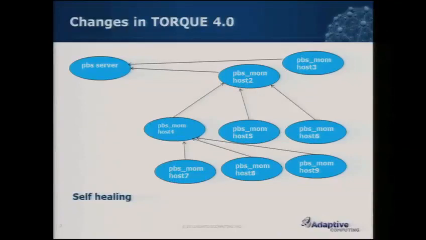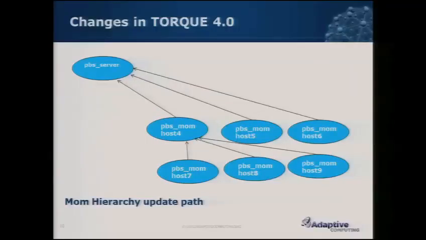So let's say that host 1 ends up going down. Well, then all of the ones on the next level, they go, okay, who's the next available in the list? And I'll start sending my updates to that one instead. And then here we go. Let's say that whole row went away. Then everybody in there goes, oh, there's nobody above me.